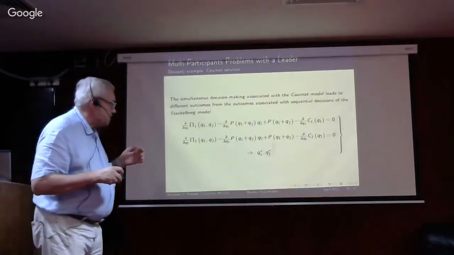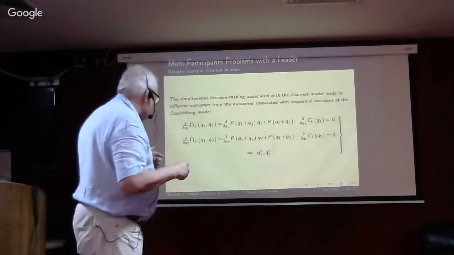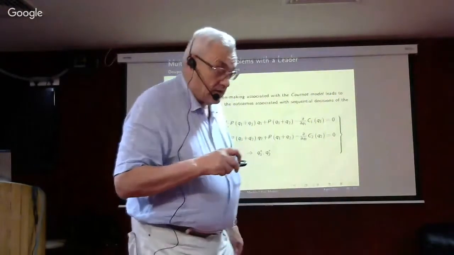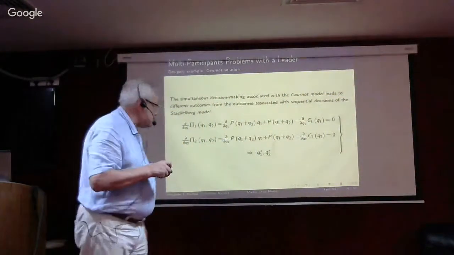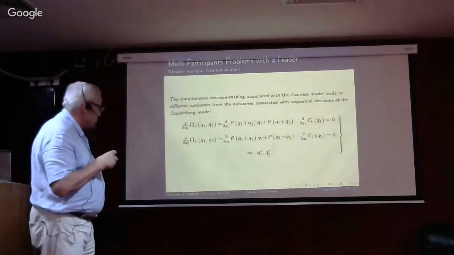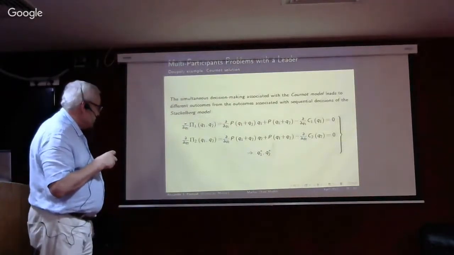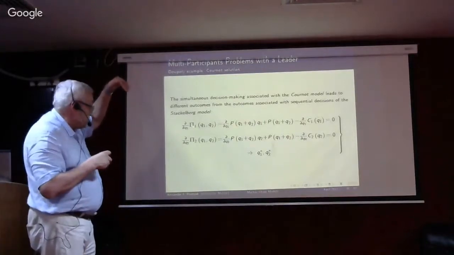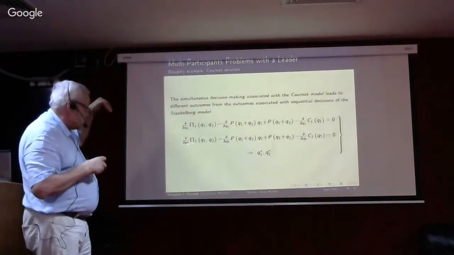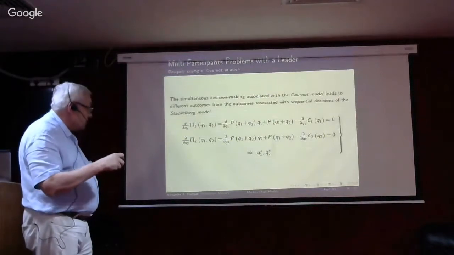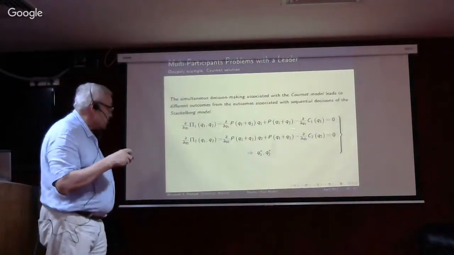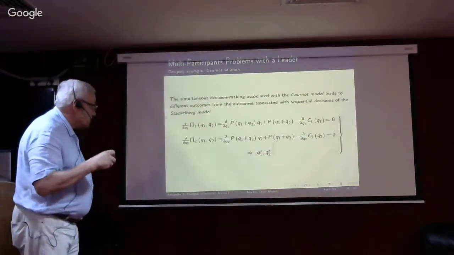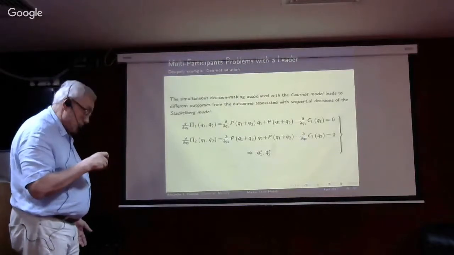When we wish to obtain an extremum at the same time without a leader, it means that for the outcomes of the first player we calculate the partial derivative, and if this is a maximum, we put this derivative equal to 0. For the second, the same, and we obtain a system of equations with respect to two strategies that can be resolved, and we obtain some Nash point or Carnot point.